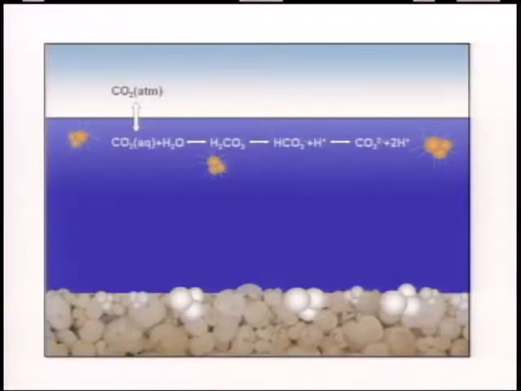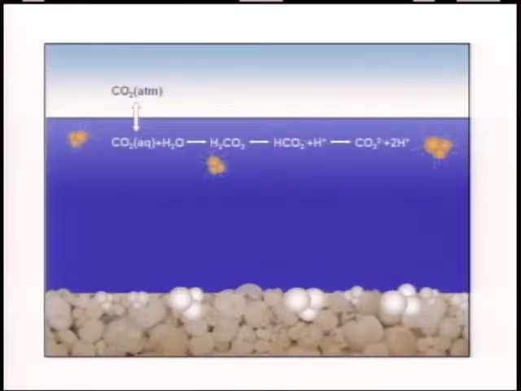So when carbon dioxide dissolves in water, it reacts with the water to form carbonic acid, and then that carbonic acid dissociates to bicarbonate ion and carbonate ion and hydrogen ions. And that is the reason why there's so much more carbon stored in the ocean than there is in the atmosphere. The relative abundances of these species are a function of equilibrium reactions. And those equilibrium reactions also determine the seawater pH.